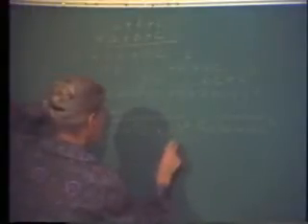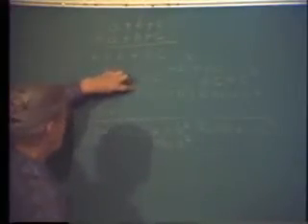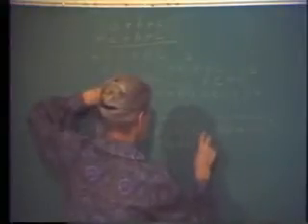Now we multiply by B and we get A squared B and we get 2AB squared and we get 2ABC and we get B cubed and we get 2BC squared, B squared C, and 1BC squared.